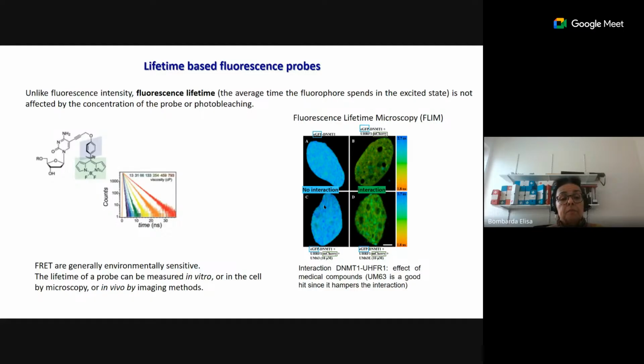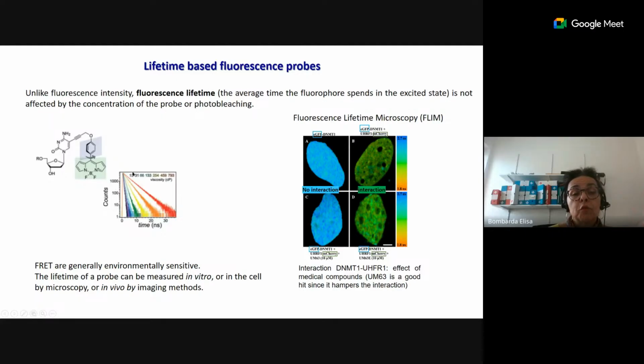For example, here is an example of a molecular motor, and you can see how the fluorescence decay gets slower, which means that the fluorescence lifetime gets longer as a function of viscosity.